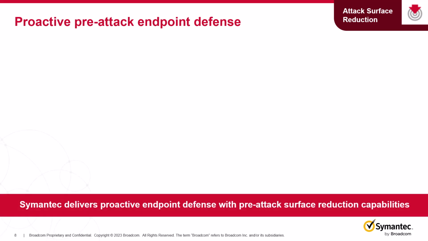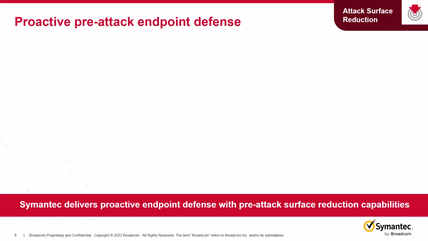Symantec delivers proactive endpoint defense with pre-attack surface reduction capabilities based on advanced policy controls and technologies that continuously scan for vulnerabilities and misconfigurations across applications, Active Directory, and devices. With attack surface reduction defenses in place, many tactics and techniques cannot be leveraged on your endpoint estate.